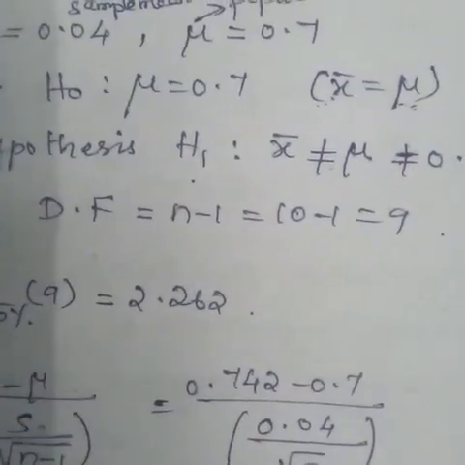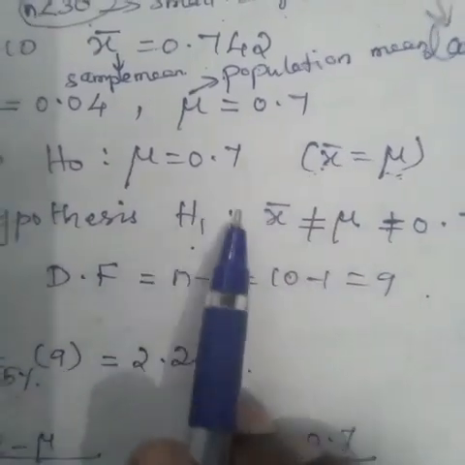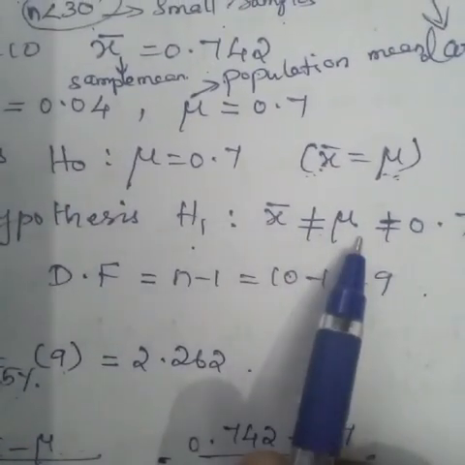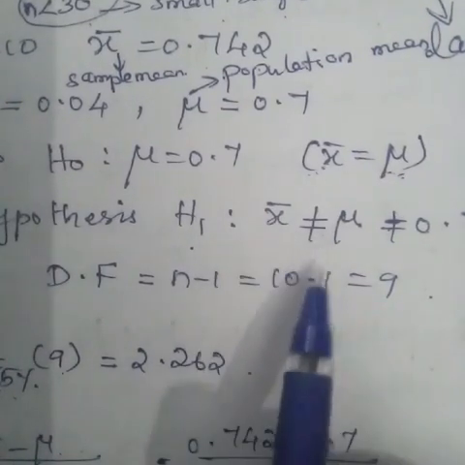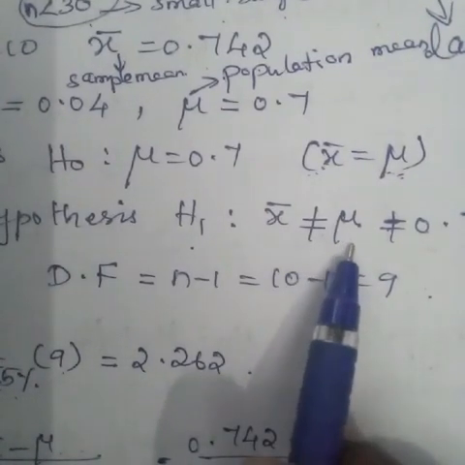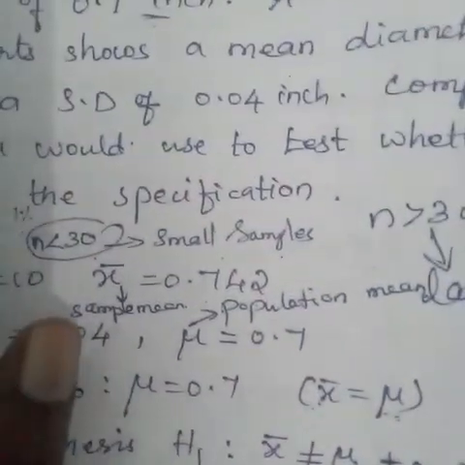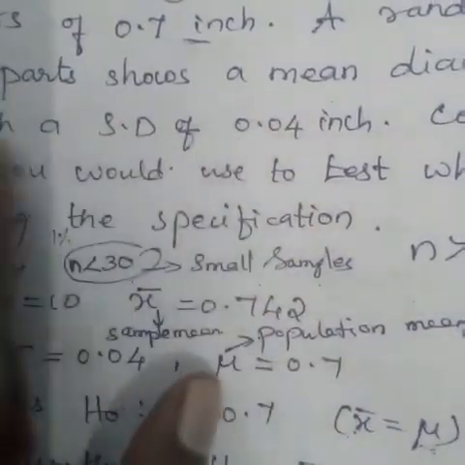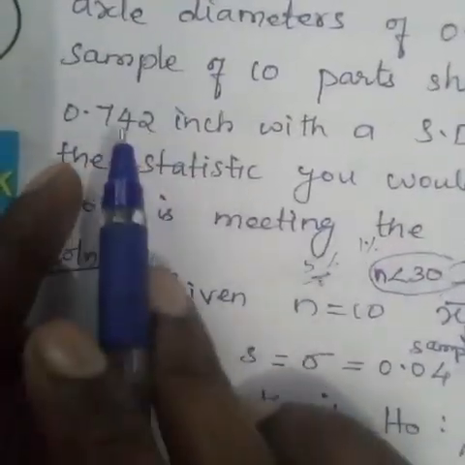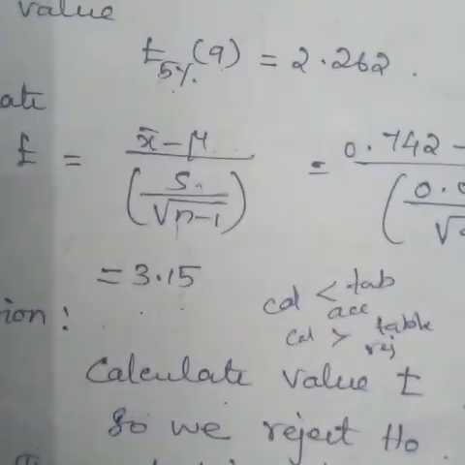What is meant by the null hypothesis? There is no difference between the sample mean and the population mean. The machinist is making engine parts with a mean diameter of 0.7, and we take 10 samples whose mean is 0.742. Since we reject H0, we automatically accept H1.